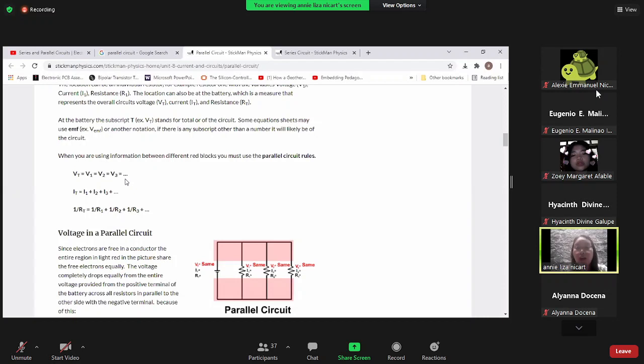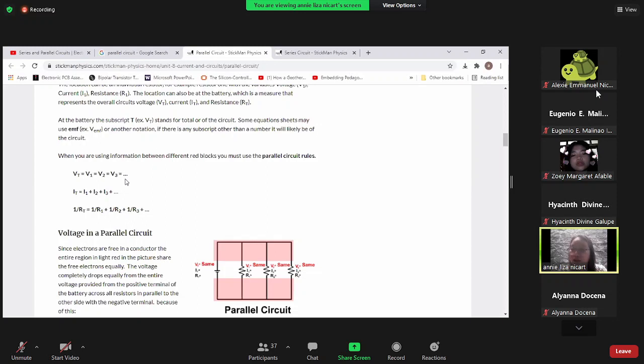Okay, ito na yung sagot kung bakit yung bulbs doon sa parallel ay mas bright compared doon sa mga bulbs connected in series. Kasi yung kanilang voltage individually ay bigger compared kung naka-series sila.